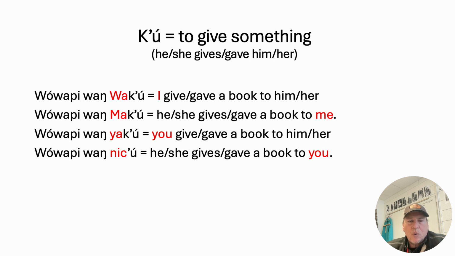So woapi wa maku, and that turns it into he or she gave me a book. And then following our rule, when it's wa for I, it's ya for you. So woapi wa yaku, you give or you gave a book to him or her. And then flip that around, and this is that example of that K changing to a C. Woapi wa nichu, he or she gives or gave a book to you.